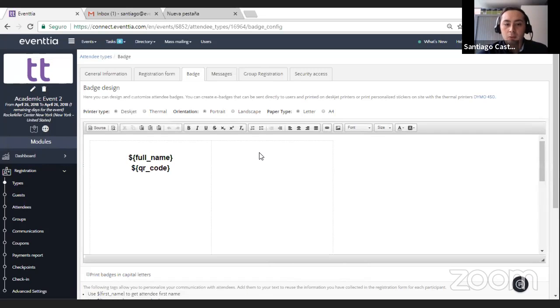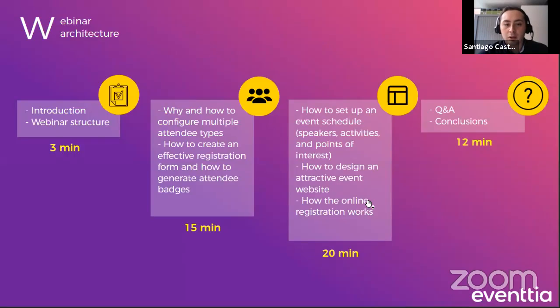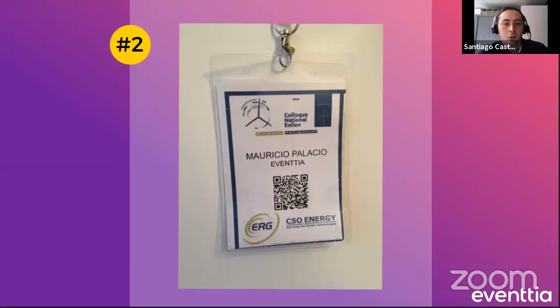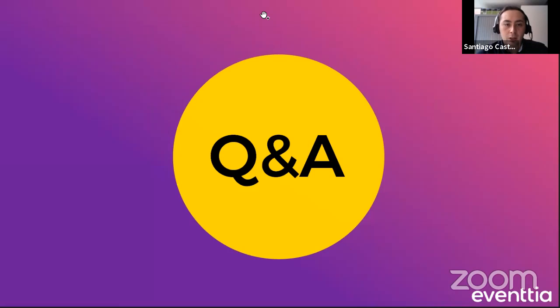So for instance, we come back here to the presentation, and you can see this would be an example of a normal badge in paper type. And you can fold this badge in 4 pieces and put it into a badge holder. And you can also print the stickers.